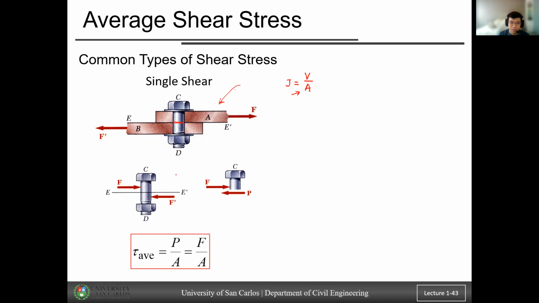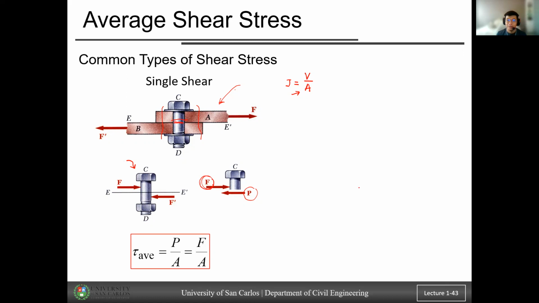Okay, so if we try to cut it, notice that the force will be directed towards the bolt. If you cut some section here, there is internal force, and if you cut it further with regards to the bolt, the force will counteract the external force F. What counteracts it internally is the shear force P. So notice that concept, di ba?